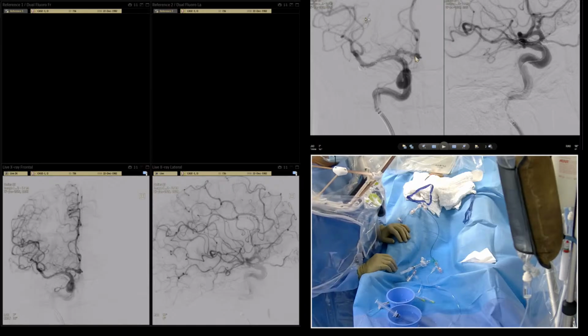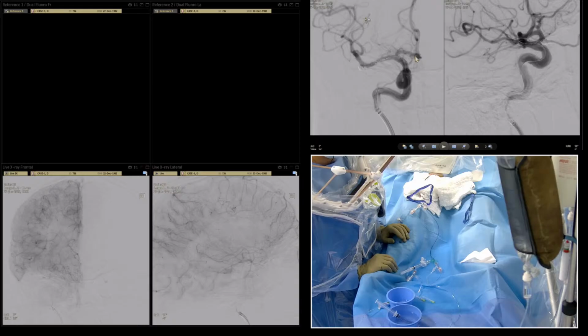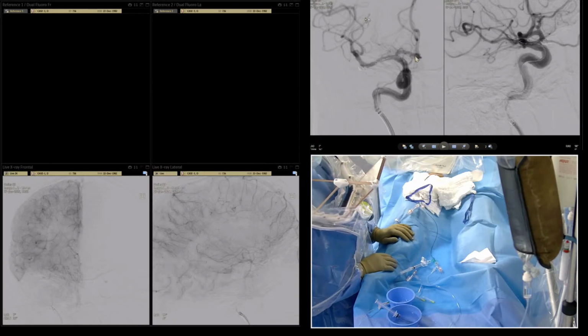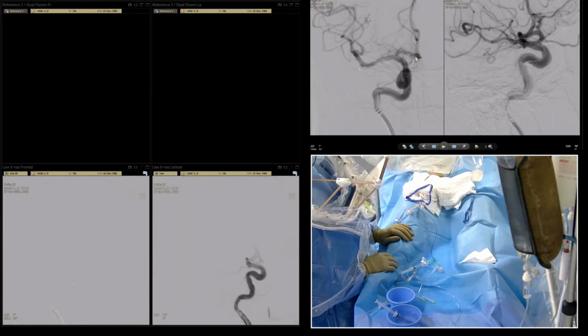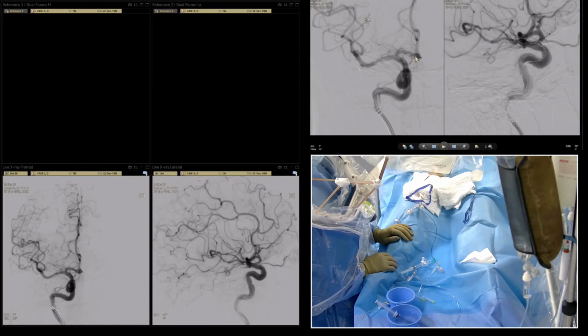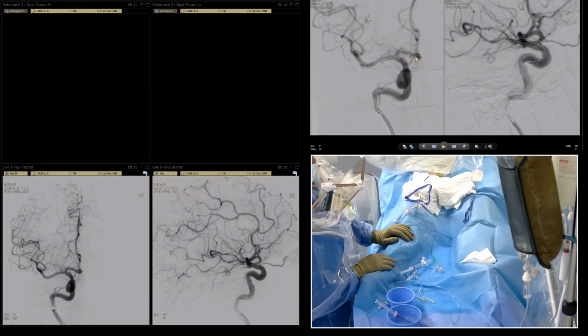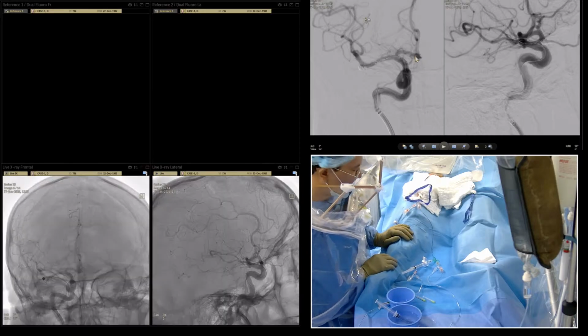As for the small piece of squid, usually no problem. Patient already on dual antiplatelet therapy. Back, back, back, back, back, back. Okay. I think we can. Okay.